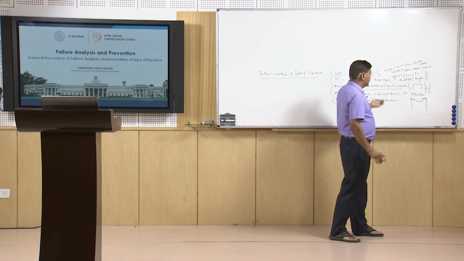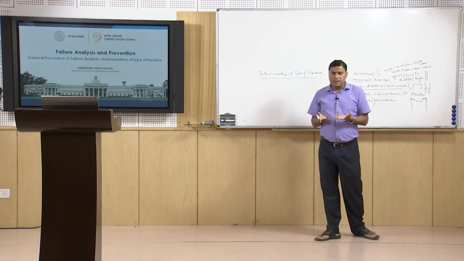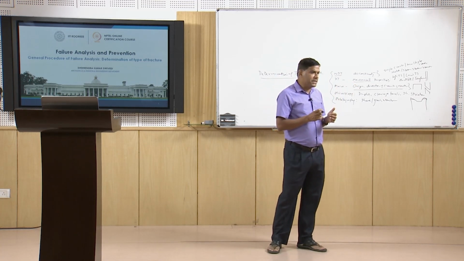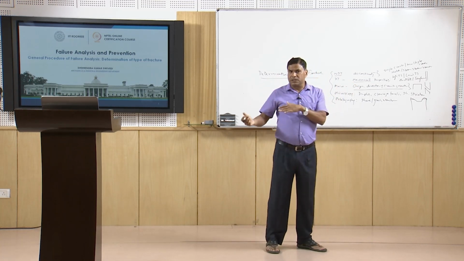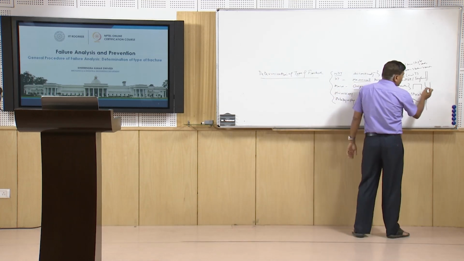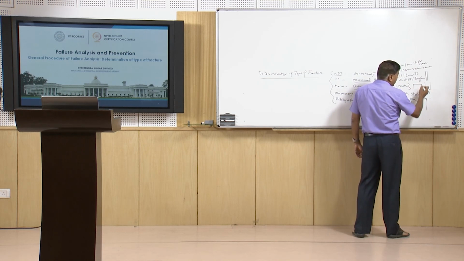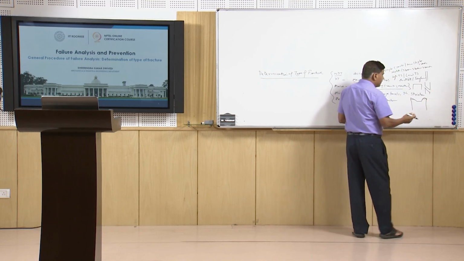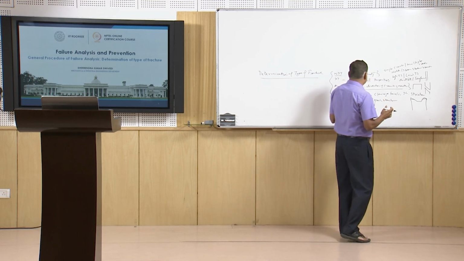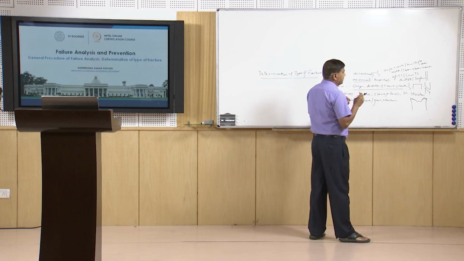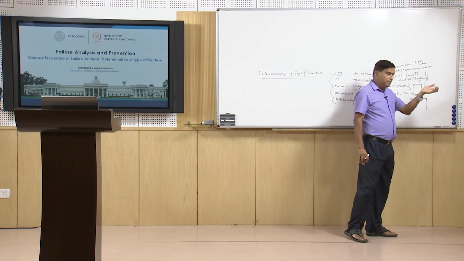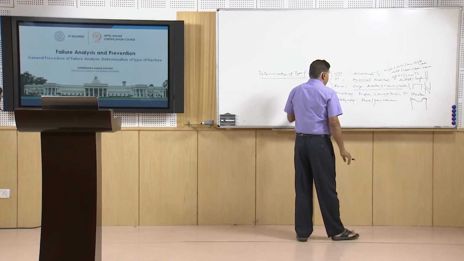Macroscopy will show the general features present on the fracture surface in the form of the extent of deformation which has taken place, the kind of stress conditions which were present, and whether it is a slant fracture, a flat fracture, or a cup and cone kind of fracture. So all these things will indicate the kind of fracture which has taken place, primarily in terms of brittle or ductile fracture.